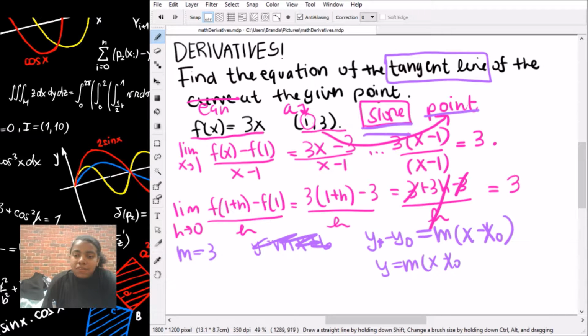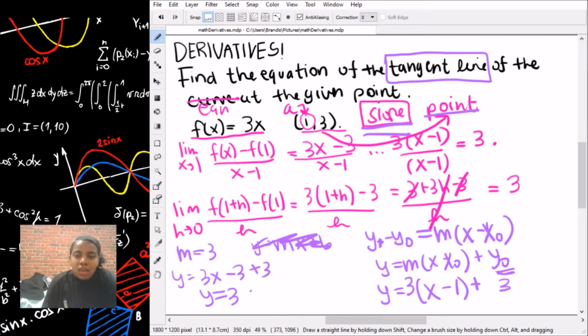I like doing that first. y0, and then you just get y equals 3 times x minus 1 plus y0, which is going to be 3, which gives you y equals 3x minus 3 plus 3, which is y equals 3x. What a surprise.